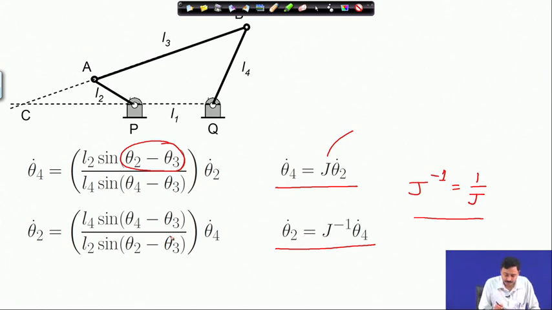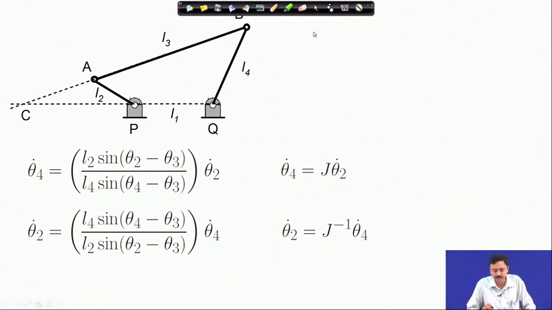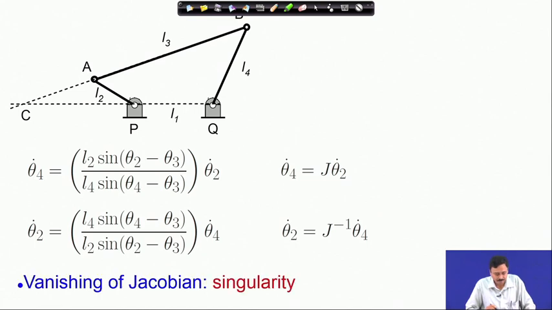If theta 4 and theta 3 are such that sine of theta 4 minus theta 3 is 0, then the Jacobian is infinity, or the Jacobian inverse is 0, which is another problem. So, what are these problematic configurations? There are very special configurations at which such conditions are met. Vanishing of the Jacobian is called the singularity of the kinematic chain or the mechanism.